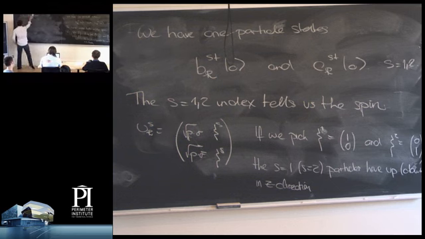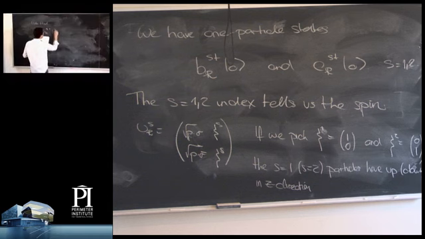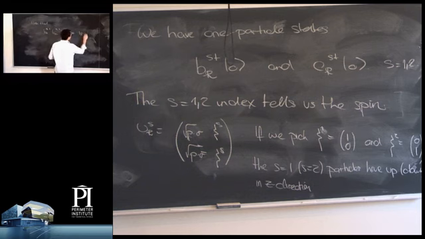Okay, but now notice that if we create two particles with two different spins and momenta P1 and P2, we have to label the states now by both the momenta and the spin.